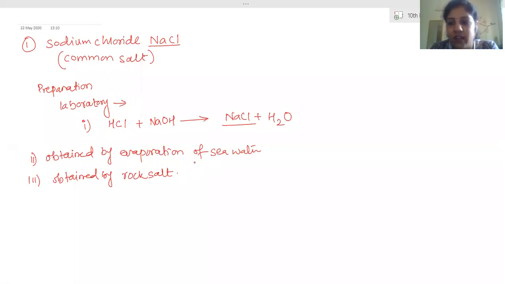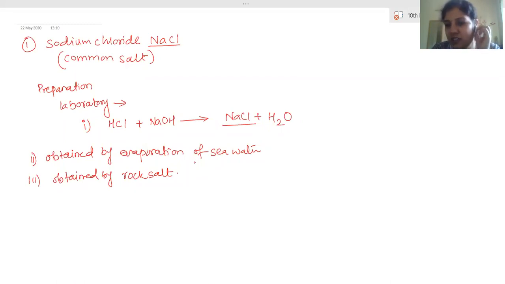Salt which is available in the form of rocks. In the western region, in Rajasthan and Gujarat, just like coal is mined from underground mines, salt can also be obtained from underground mines. There are huge rocks of these salts.